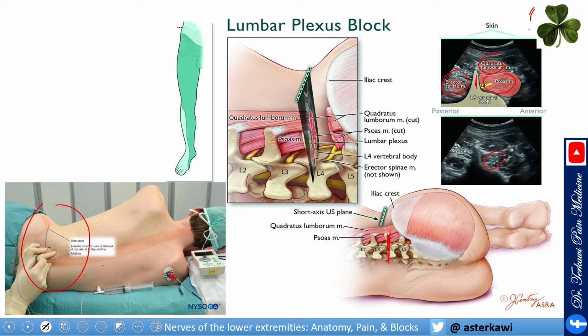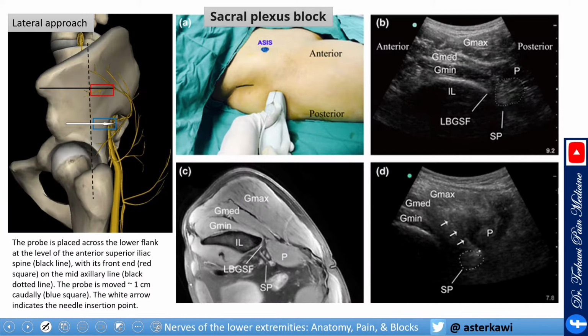Nowadays, with the ultrasound, it's easier. You still look for contraction oftentimes because again the plexus is not that visible. It's within the psoas muscle.